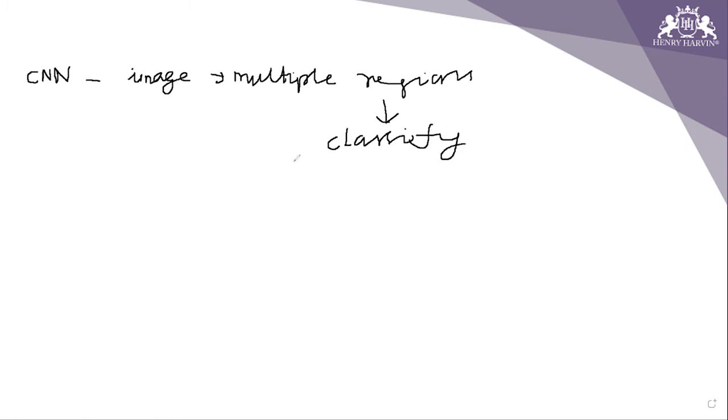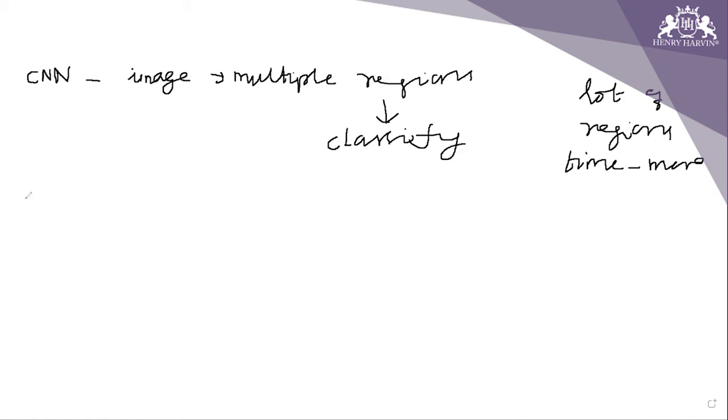What are the limitations here? It needs a lot of regions to predict accurately, and the computation time is basically more.